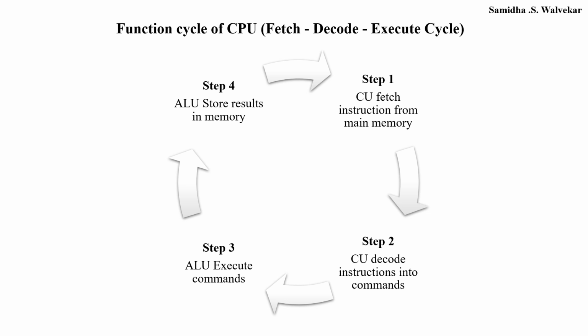Now the CPU performs the actual operation. It may be arithmetic or logical, that is the execution step. And in the last step, the results of the execution are stored back into the main memory. So in this way the CPU works, that is the fetch, decode, and execute cycle.